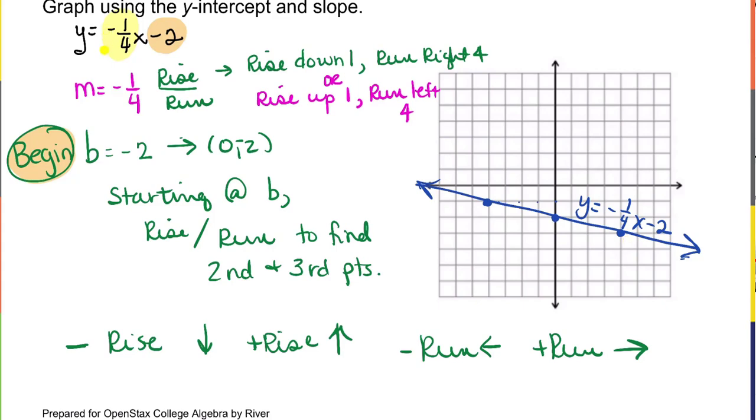Or if you let the negative apply to the 4 and the 1 would be positive, you rise up 1 and then let the negative make the 4 go negative. Now you are not limited to those 3 points. You can do the rise over run in either direction to find more points.